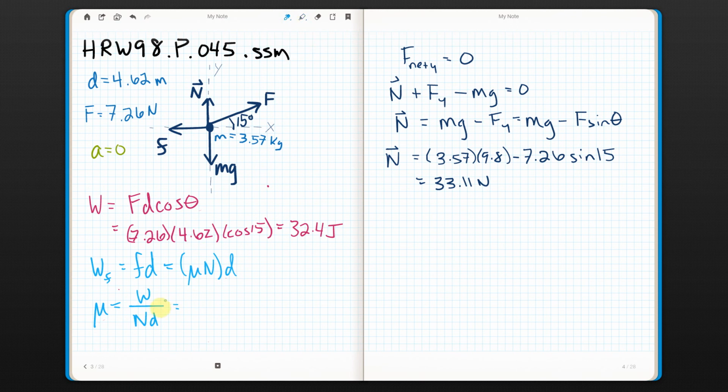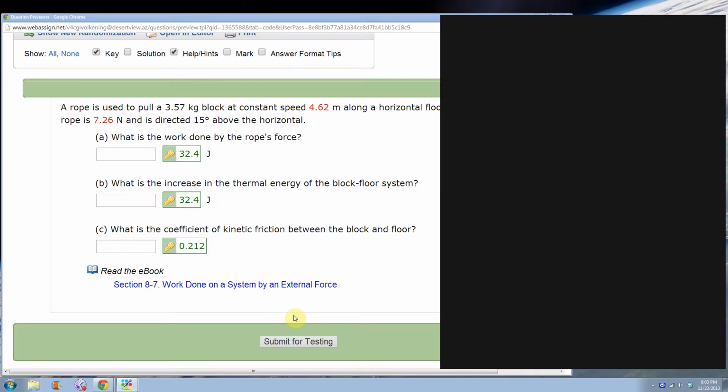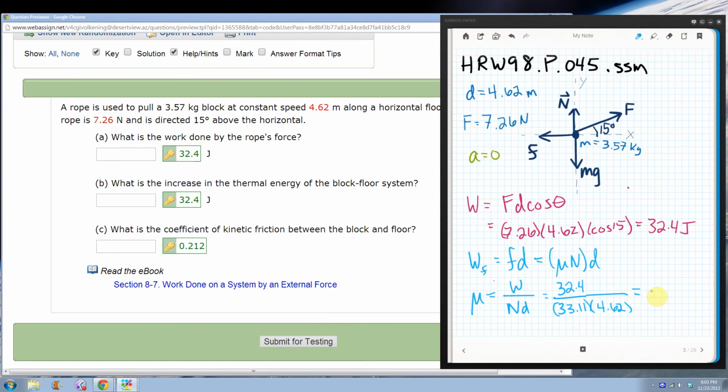Plug that in. I've got the work already from the last problem. Now I have the normal force, and D was given to me. And when I do all that, I get 2.118 something, so that rounds to 2.12.